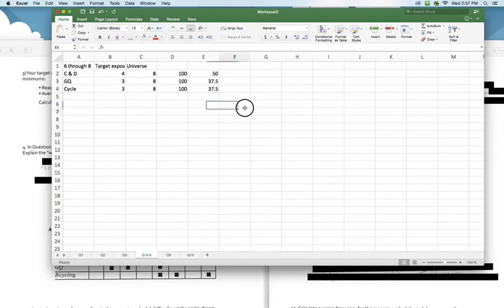However, you can also do equals sum, highlight all 3, end your parentheses, and it's 125. I'll just show you that real quick again. So it's equals, and you just type in SUM, and then you open a parentheses. What it's going to do in the parentheses is say, I want to know the range.